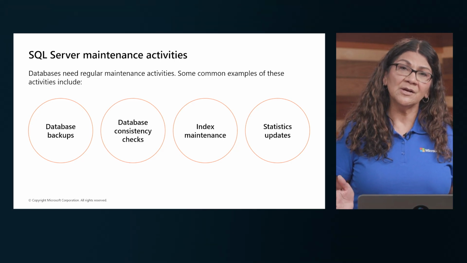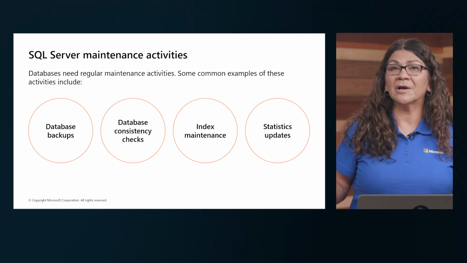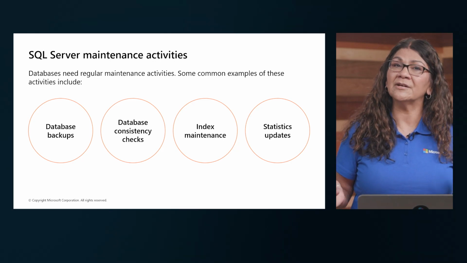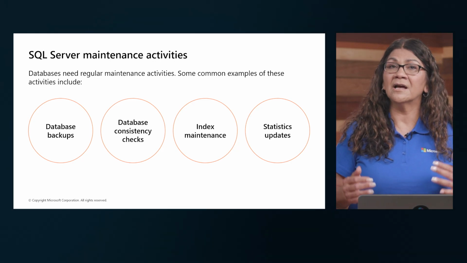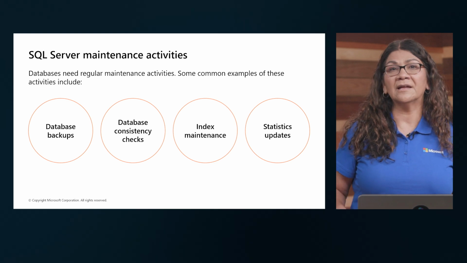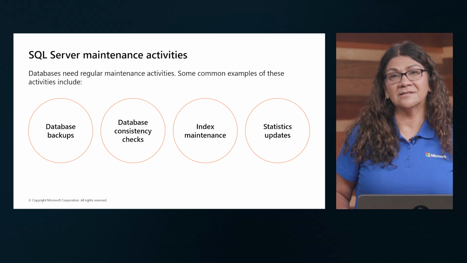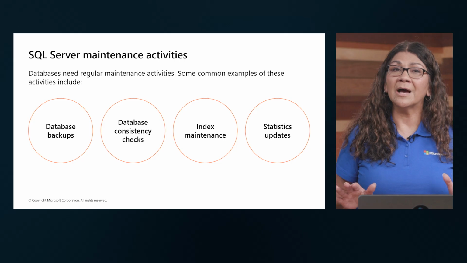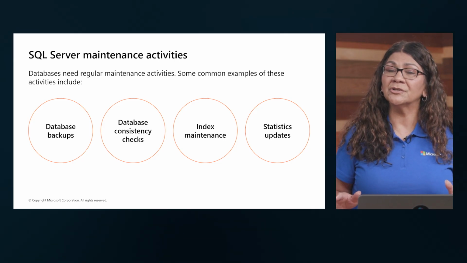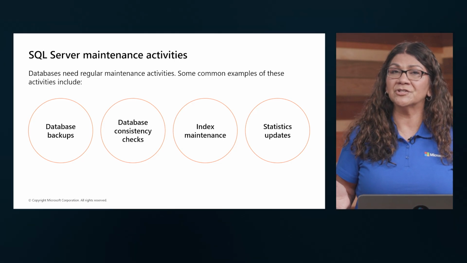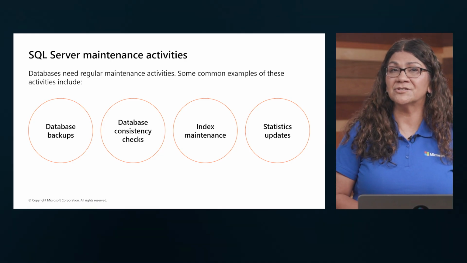Index maintenance, which improves query performance by reorganizing or rebuilding fragmented indexes, often done weekly. And statistics updates, which refresh optimizer data to ensure efficient query execution after significant data changes.